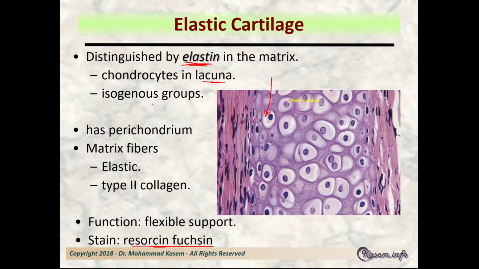Also, these cells are similar to hyaline cartilage in that they can be found in isogenous groups, cell nests, and it has a perichondrium, and the matrix fibers are either elastic or type 2 collagen fibers. The structure of elastic cartilage suits its function. So it is usually found where flexibility is needed, like the ear pinna and other flexible structures.